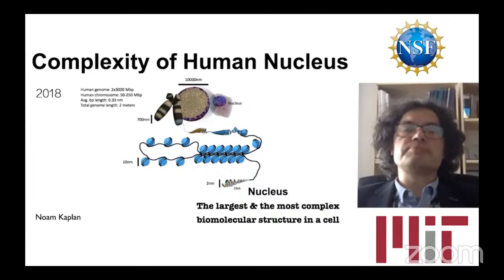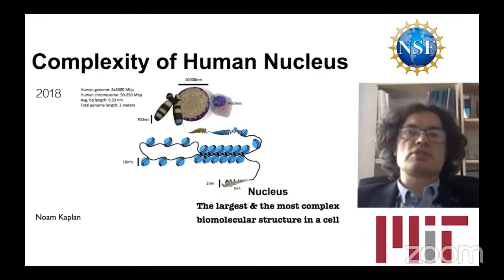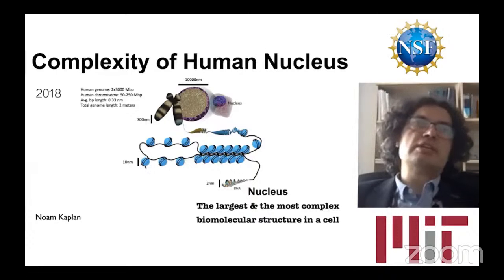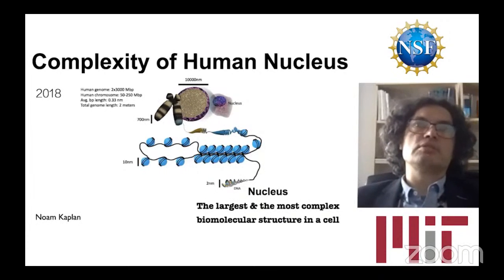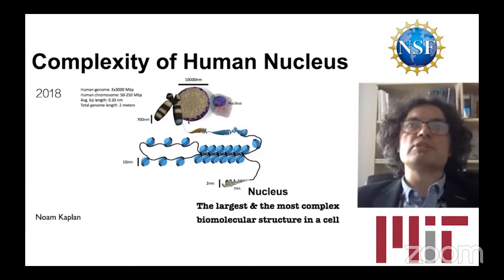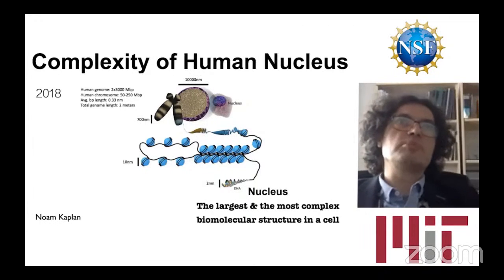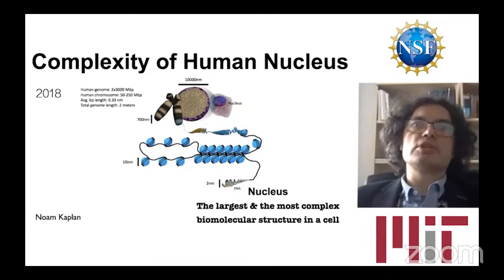Then we have nucleosomes, around which the DNA is wound, providing the so-called 10 nanometer chromatin fiber, and then the whole structure of the human genome is constructed. So we have a very long and very complex biomolecule which we are trying to analyze.